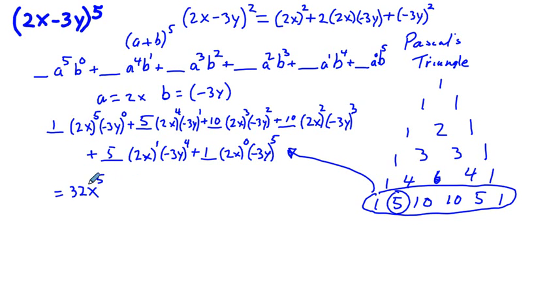So this is going to be our simplified first term, plus 5 times 2 to the 4th power. Well, 2 to the 4th power is 16, and it's going to be x to the 4th power, and then we're going to have times negative 3 times y.